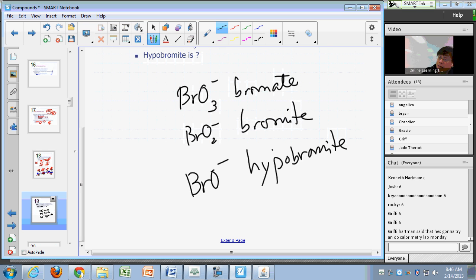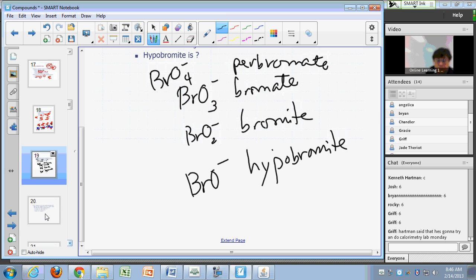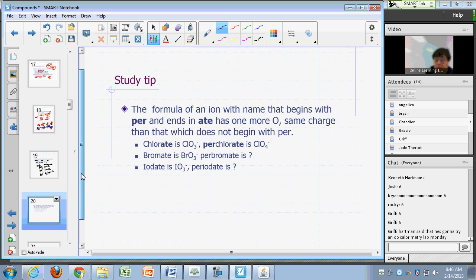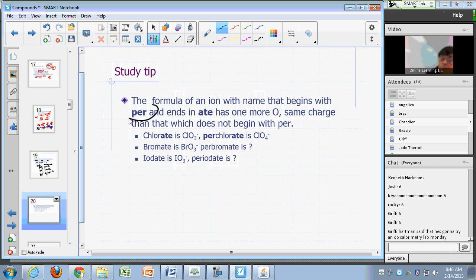Now, if you have 1 additional oxygen, you get perbromate. Perbromate would be BrO4 negative 1. If you put a per in front of the name of an ion, if the name ends in ate and begins with per, then that has 1 more oxygen compared to the ion whose name doesn't have the per.